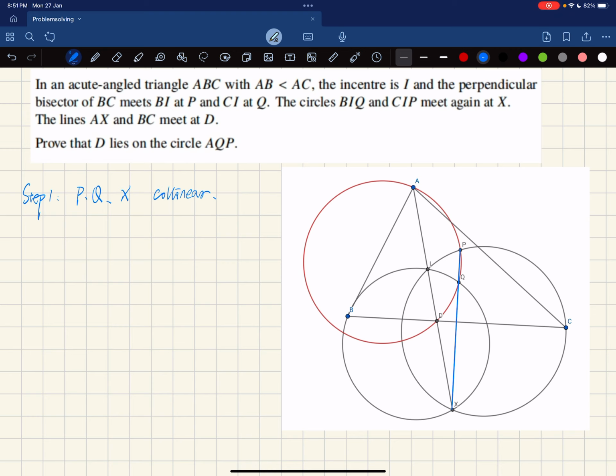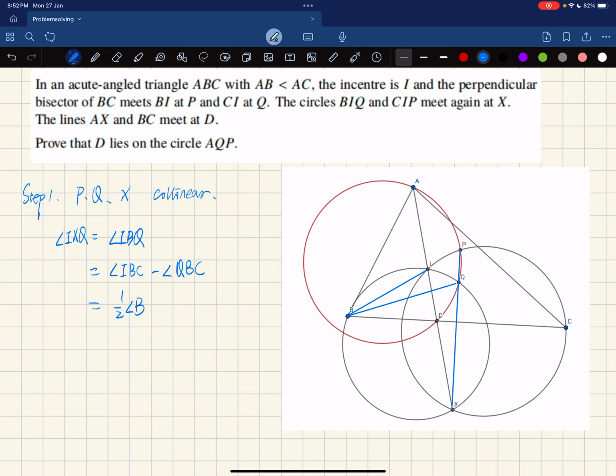Okay, so what is IXP? IXQ, we start from this. What is the angle IXQ exactly? It equals IBQ, right? What is IBQ? It equals angle IBC minus angle QBC. So what is angle IBC? It is half of angle B, right?